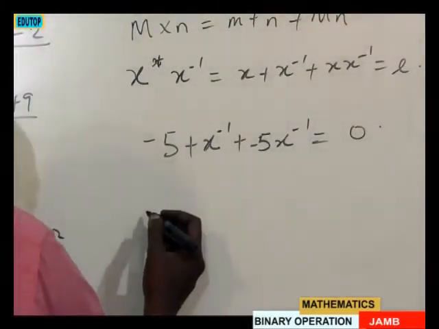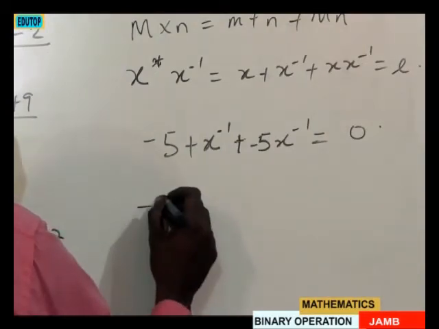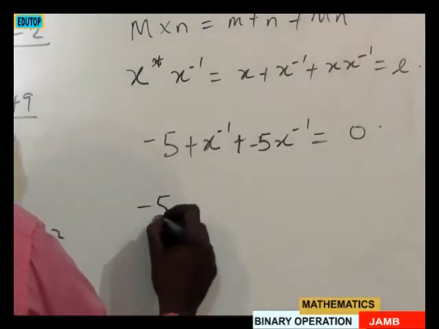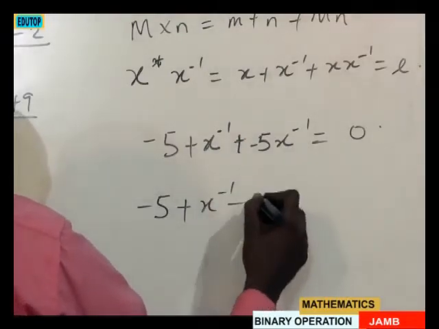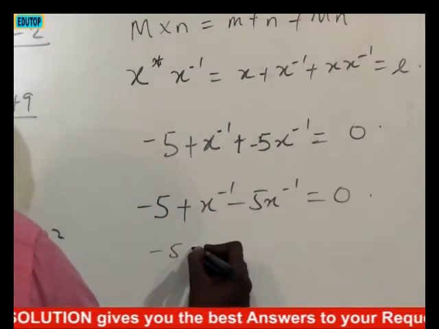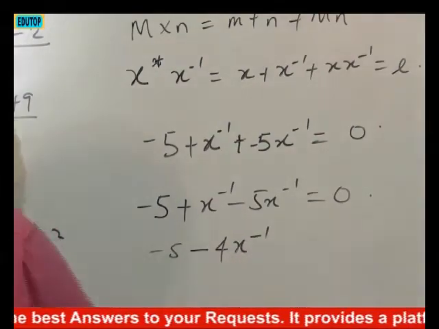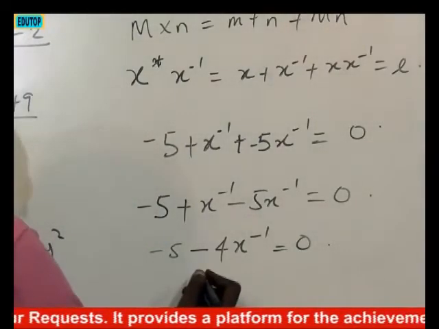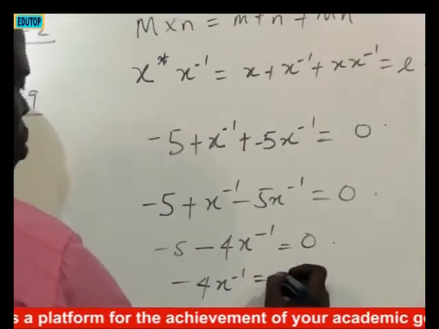So automatically we are going to have minus 5, then this and this will definitely give us plus x inverse minus 5x inverse equals 0. So minus 5, this one will give us minus 4x inverse, which equals 0. So here, by collecting like terms, we have minus 4x inverse equals 5.